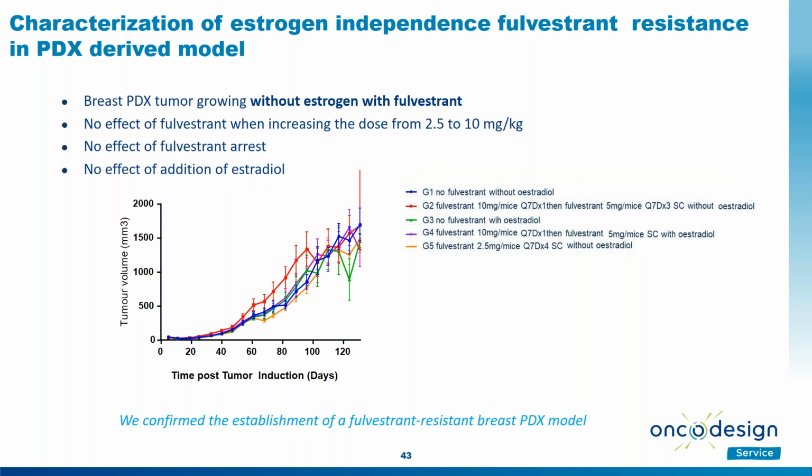Here you can see that this model is completely resistant and is able to grow in mice without estrogen and with fulvestrant. We didn't see any effect of fulvestrant, whatever the dosing regimen we used, and no effect also of the addition of estradiol, meaning that we obtained a completely resistant luminal B PDX model that is completely resistant to fulvestrant treatment.